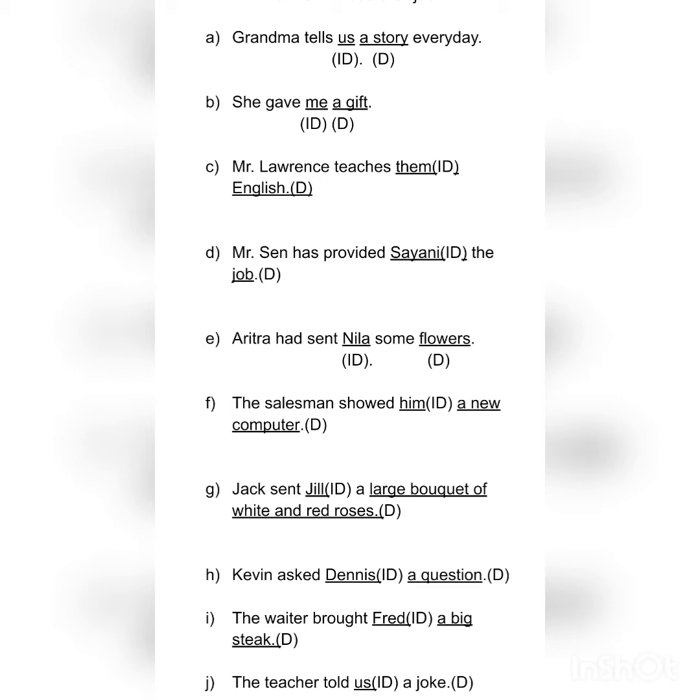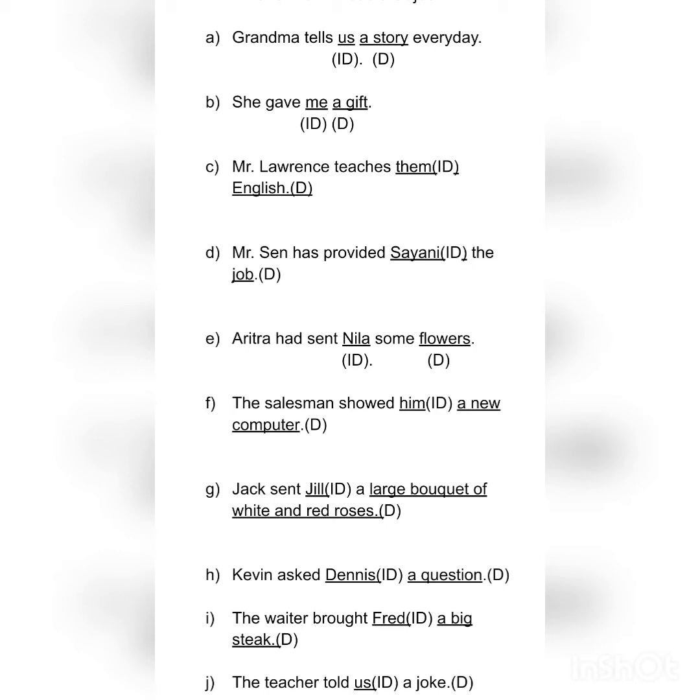So again, if we ask what, the answer we get is the direct object. And if we ask whom, for whom, to whom, in Bengali kake, kader, us, right? Grandma tells us. So this us will be the indirect object in that sentence.